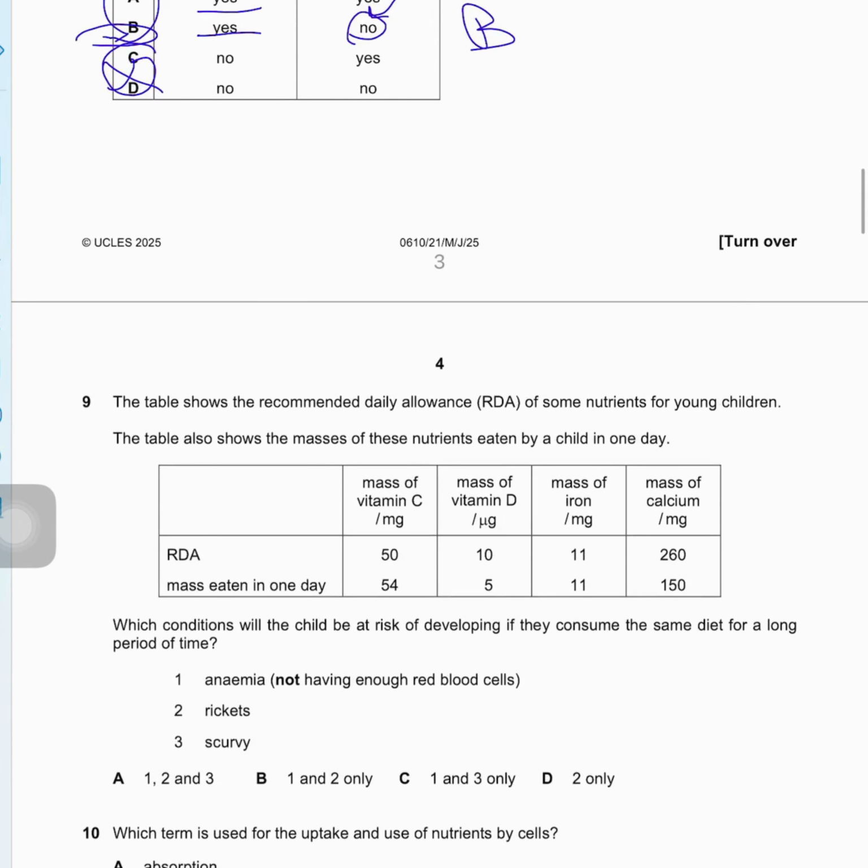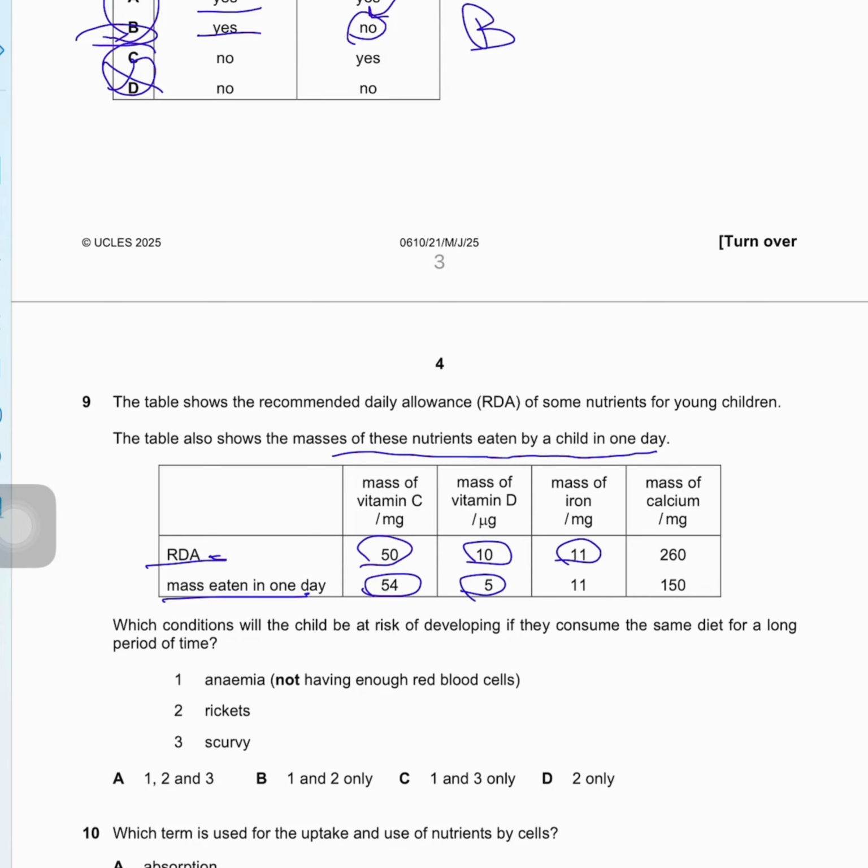Next. The table shows the recommended daily allowance, RDA, of some nutrients for young children. The table also shows the mass of these nutrients eaten by a child in one day. So the required vitamin C is 50 milligrams, and he eats 54. Vitamin D is required, but he eats 5.